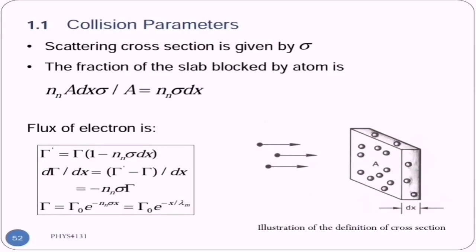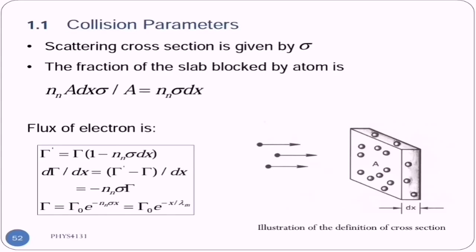The change of flux with distance is d gamma over dx is equal to minus n sigma gamma, or gamma is equal to gamma naught exponential to power minus n sigma x, which can be written as gamma naught e to power minus x over lambda m.